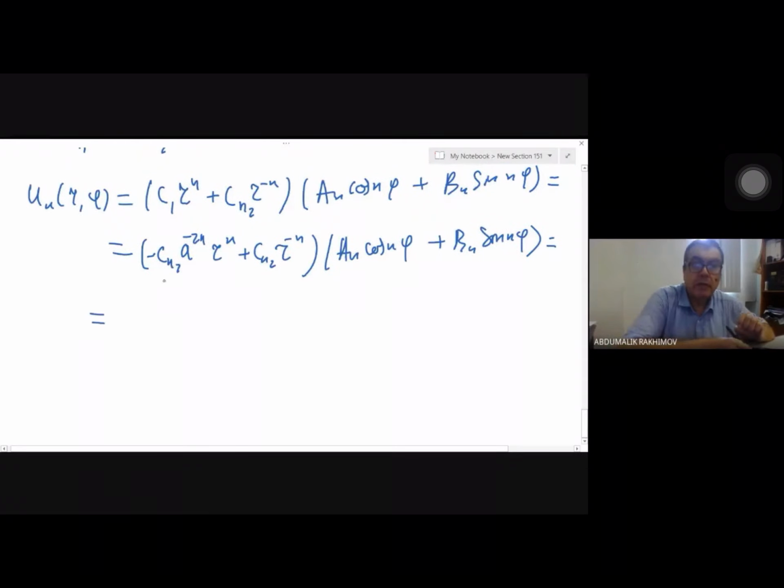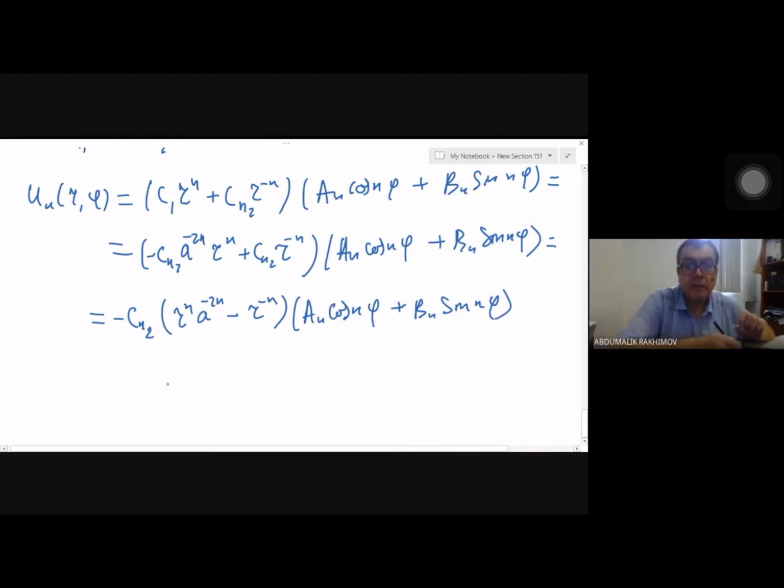So then I can take out this constant. Let me take out this minus Cn2, the same. And then I have Rn a power minus 2n minus R minus n, then an cosine n phi plus bn sine n phi.